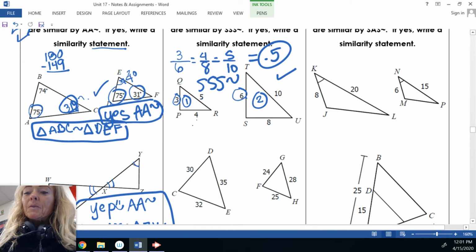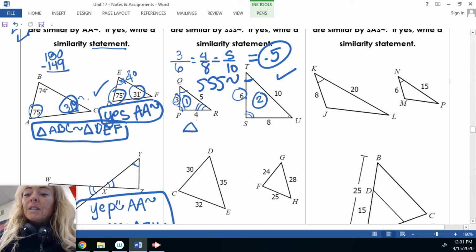So what we would do then is figure out our similarity statement. So what I do with that is I just mark one side. Q is between 3 and 5, so small and large. So between small and large is T. Between small and medium is 2, so 6 is small, 8 is medium.